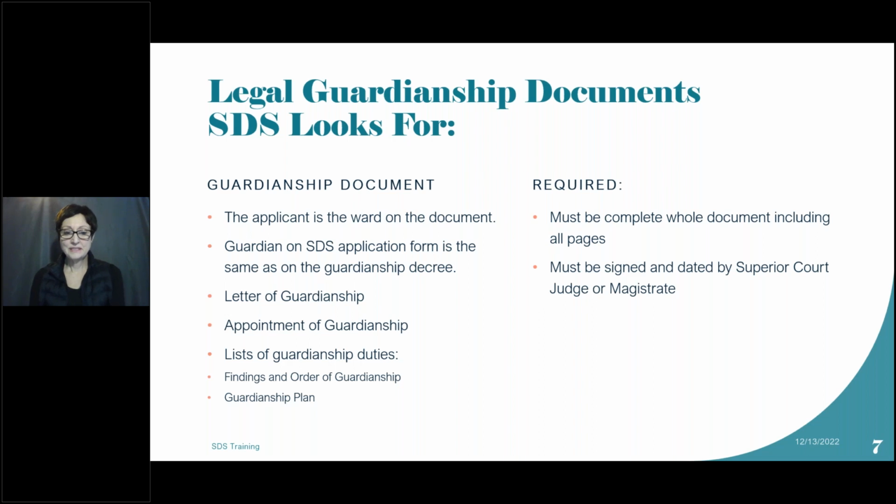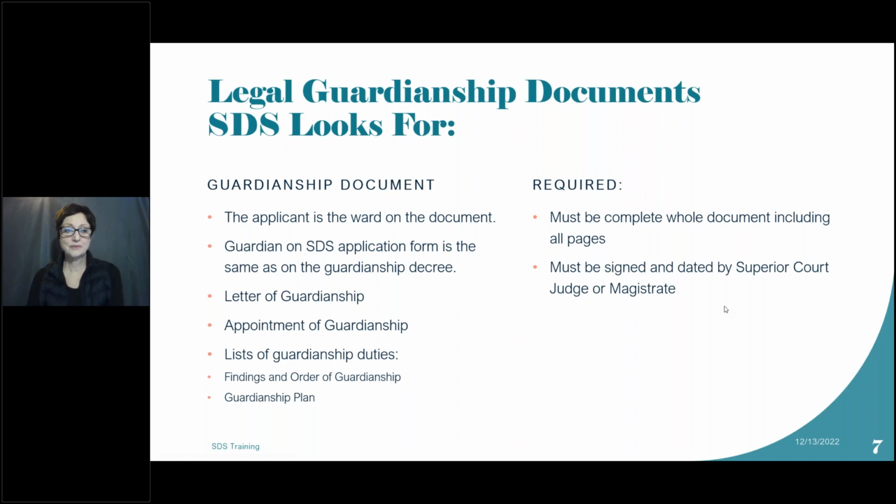And it will list the duties. You'll find these details in findings and order of guardianship, typically. It's a top title on the document, or it might say guardianship plan. So you've got the players, the people we're talking about on that document, and then the actual duties.